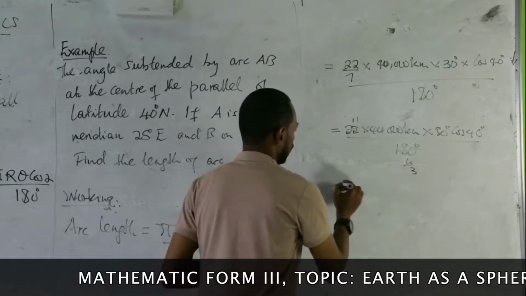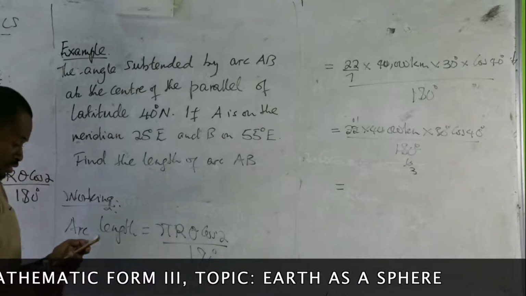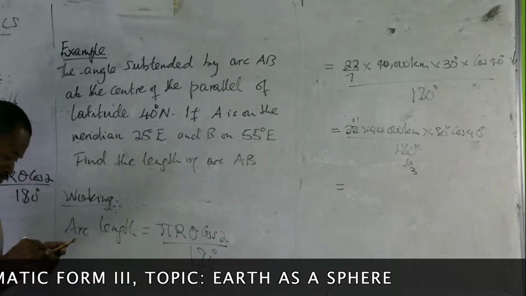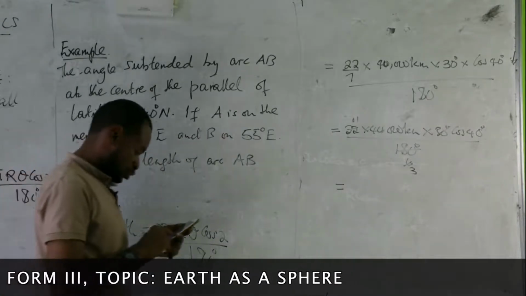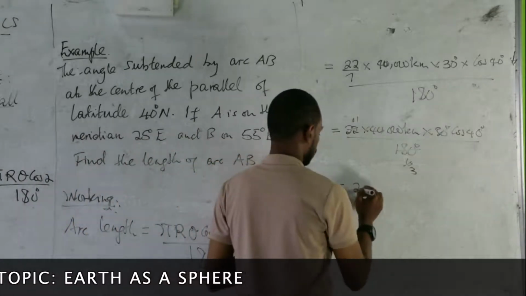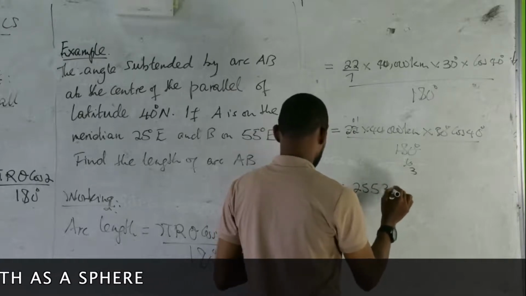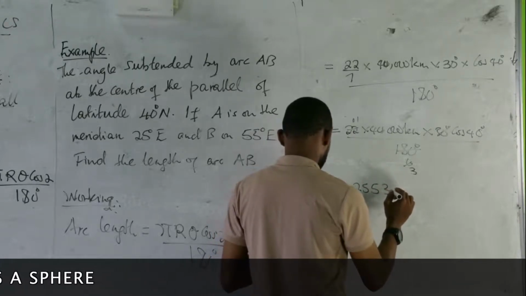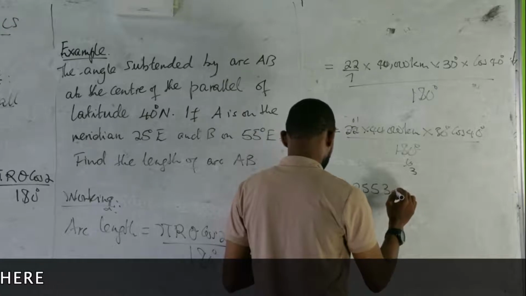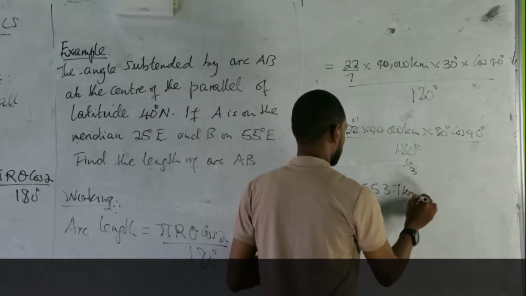Now if you multiply the whole thing together, divide by 3, our answer is about 2,553.7 kilometers.